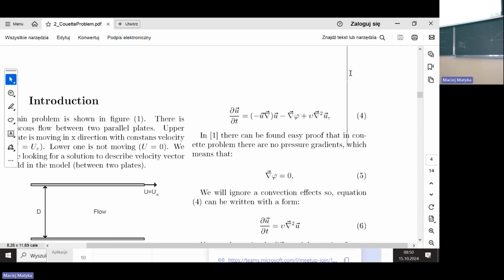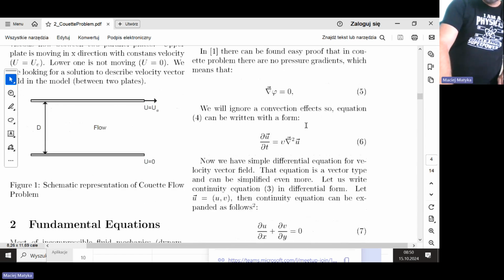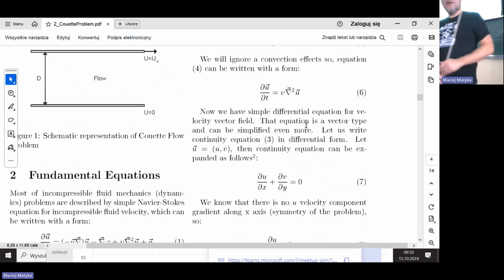Those of you that know diffusion and those processes are already a little bit familiar with this equation, because it's just a Laplacian of a vector field multiplied by a constant. And that means we are very close to the solution. But let's first utilize our second equation.